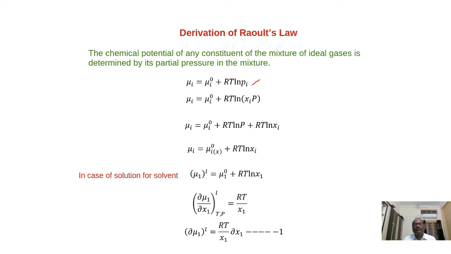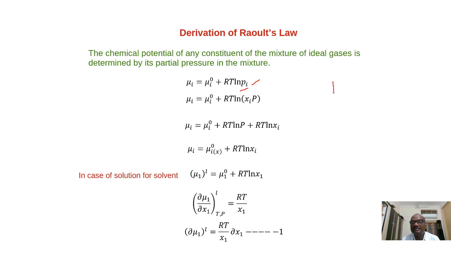So mu i is equal to mu naught i plus RT log Pi. Instead of Pi, which is the partial pressure, how can we write it?